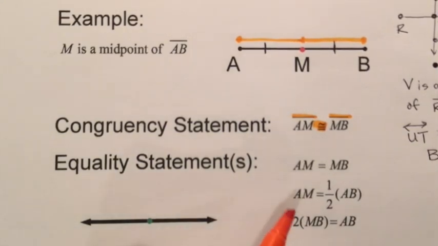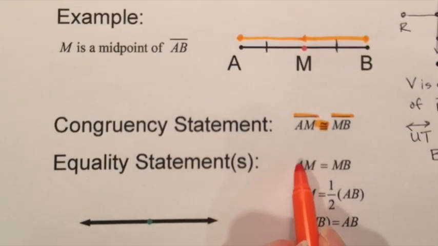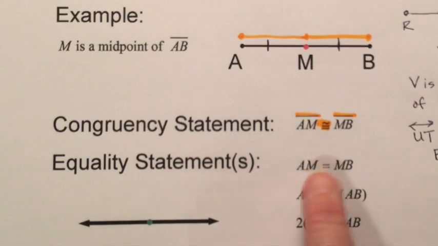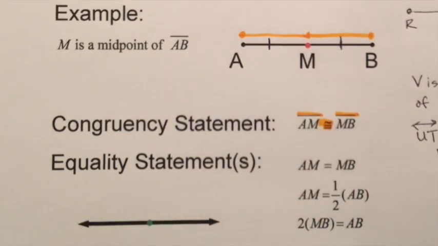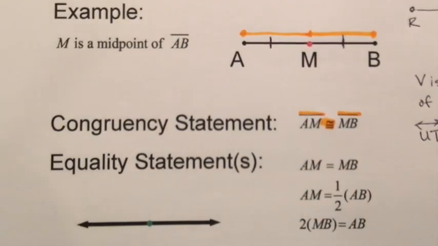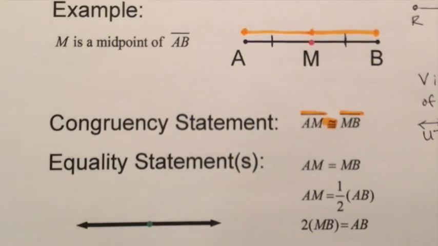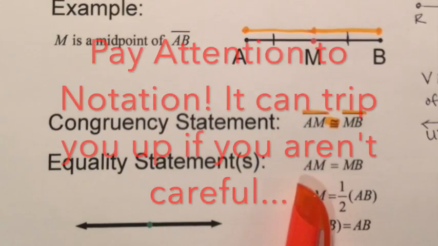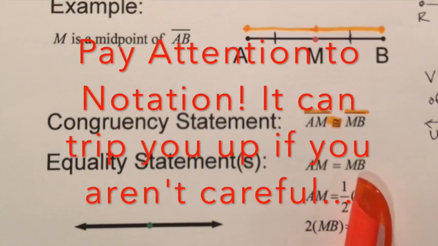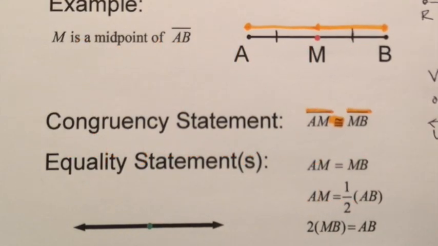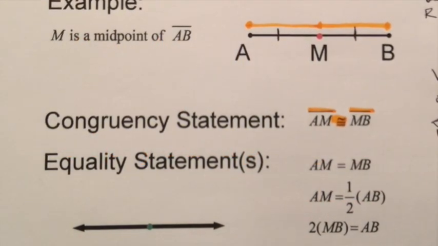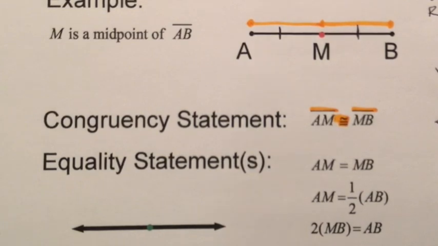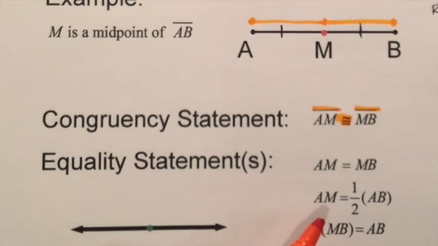Now, if we're going to write an equality statement, notice there's no line over the AM and the MB. When you have an equal sign, you have no line over them. So this is saying the measure of segment AM is equal to the measure of MB, like 2 inches is equal to 2 inches.